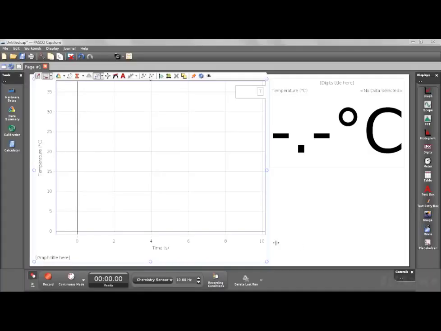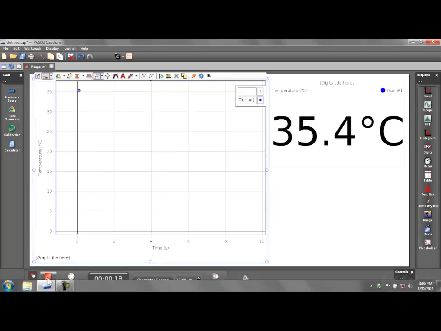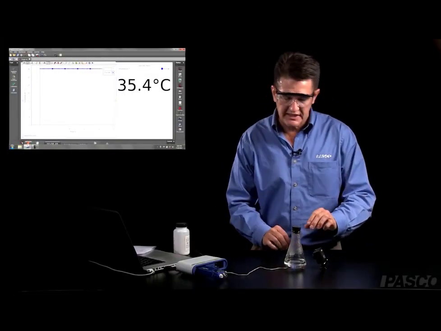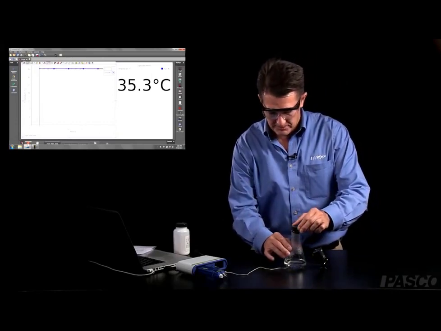So I'm going to start my data collection. And you can see it's reading about 35.4 degrees. It's kind of warm in this room. I did let it cool down to room temperature.